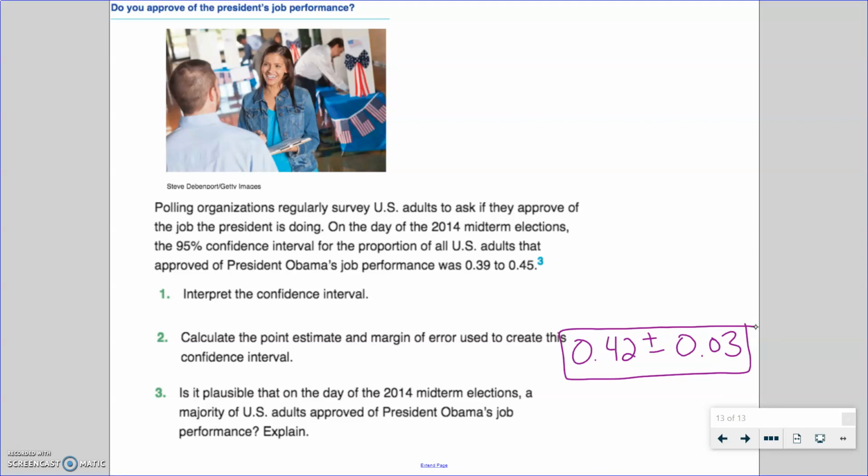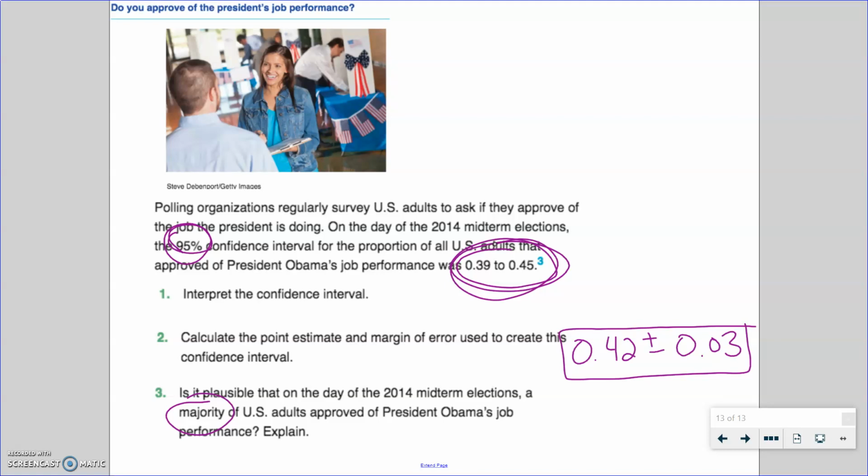When I hear a majority, I think 50% or higher, right? Well, here's the deal. We are 95% confident that that's our interval, that the true proportion of people who approved of Obama's job performance during those midterm elections is between those numbers. So really, it's plausible.